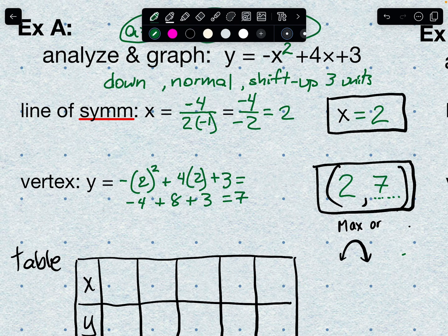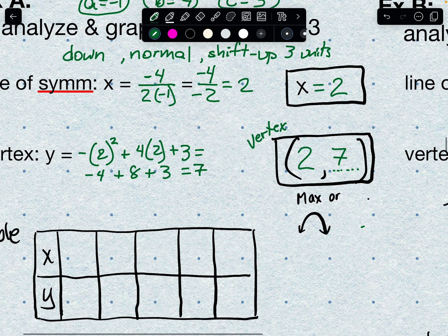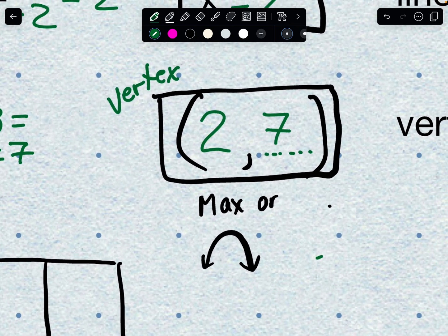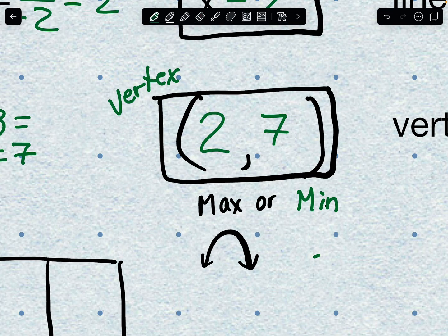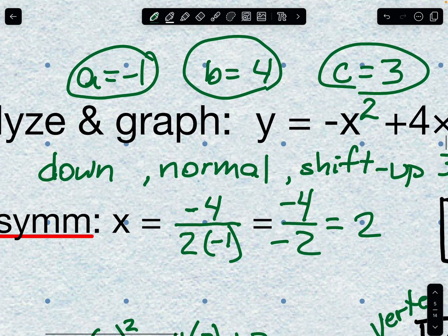Very good. We have found the vertex: 2, 7, the most important point. I'm going to zoom into here because one of the questions they're going to ask you is whether the vertex is a minimum or a maximum. In this case, I think we have a maximum because, if you recall, at the beginning of the problem we said this graph goes downward.